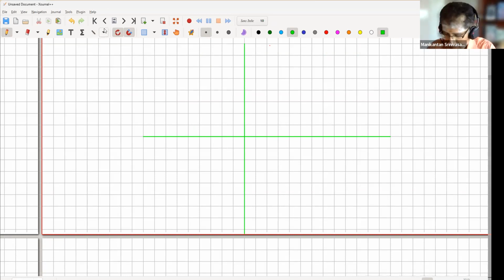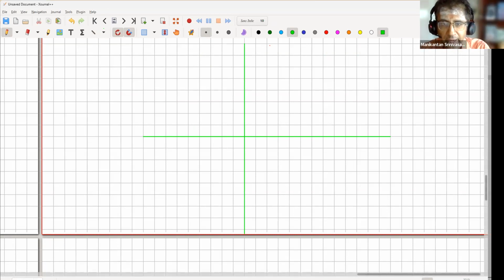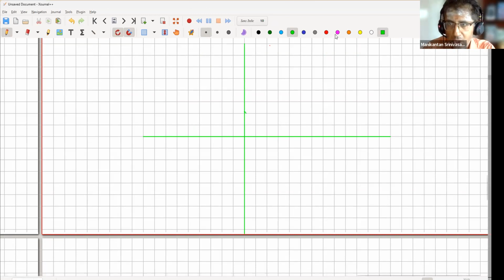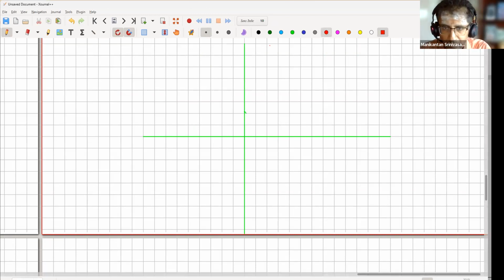If I look at 2 power x, 2 power 0 is 1. 2 power 1 is 2. So this is 0, this is 1, this is 2. 2 power 2 is 4, right?